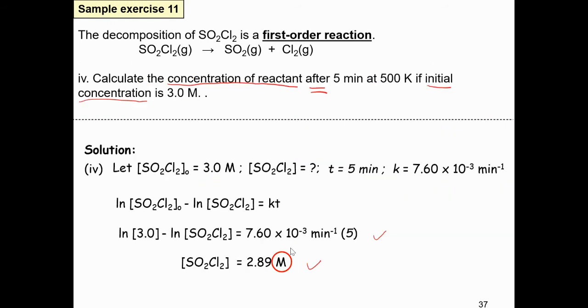Now next one. Calculate the concentration of reactant after 5 minutes, given the initial concentration is 3.0 molar. Same thing, it is not 100%, because it's given. Then you just substitute, and remember concentration must have a unit. The concentration after means that you want to find the leftover.